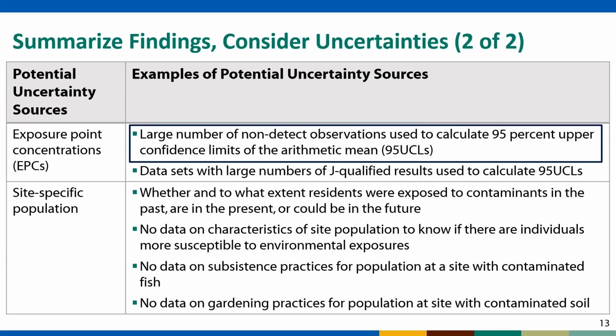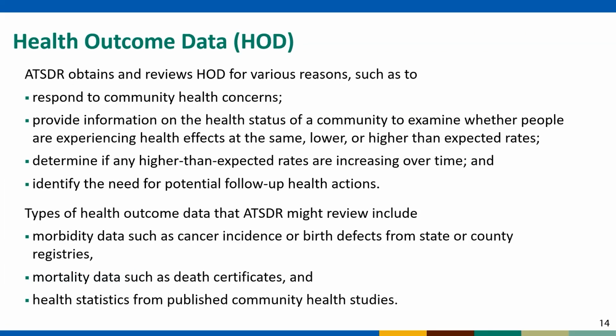If fish is the pathway, are subsistence or recreational fishers present? Is information about gardening available? This knowledge may help to reduce uncertainty and make your evaluation more site-specific. However, some of these uncertainties can be overcome, as I mentioned, by health protective assumptions you make during your health effects evaluation. Now I will switch gears and turn to evaluating HOD.